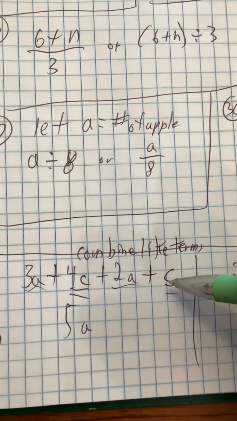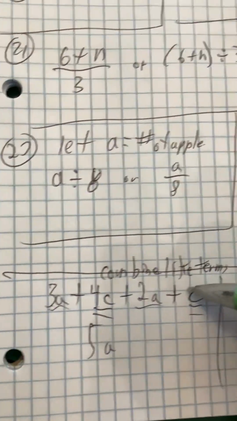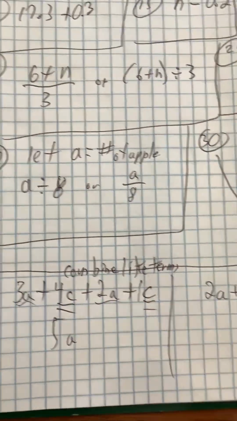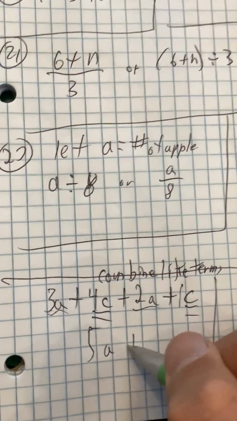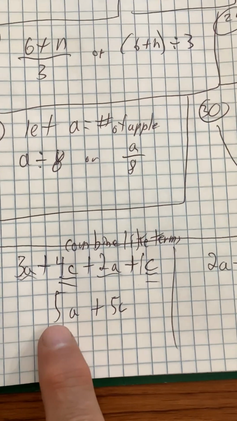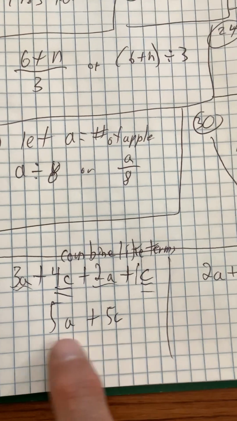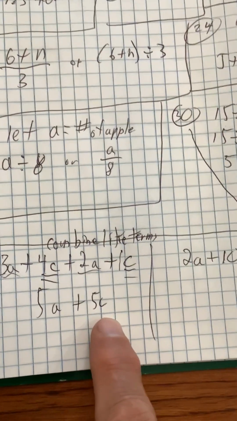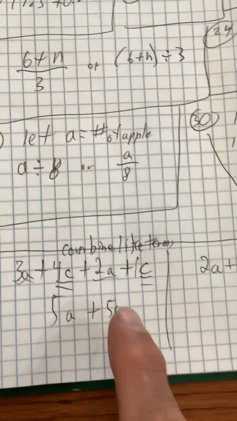And if the letter variable doesn't have a coefficient, just stick a 1 there. What's 4c plus 1c? That's 5c and positive 5c, so you put a plus there and you're done. That's 5a plus 5c. You can't add those. This is like 5 apples and 5 crocodiles or whatever. You don't have 10 apple crocodiles.